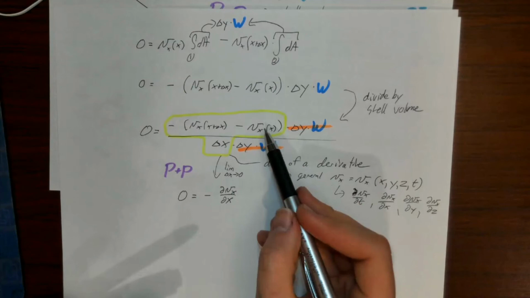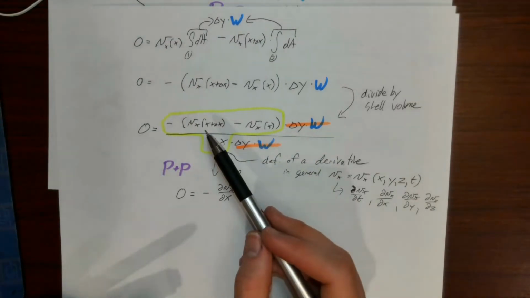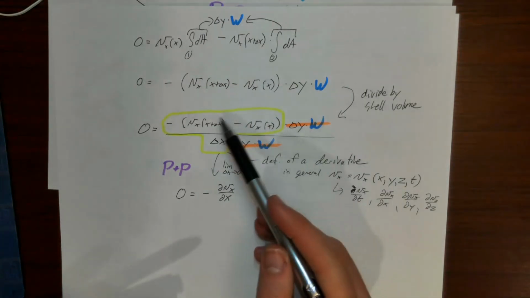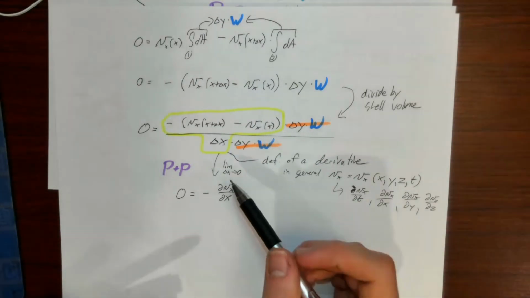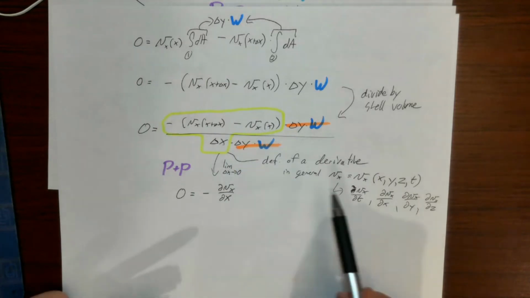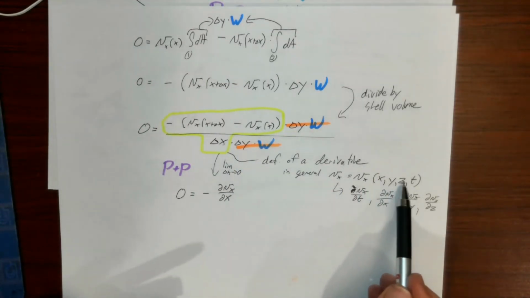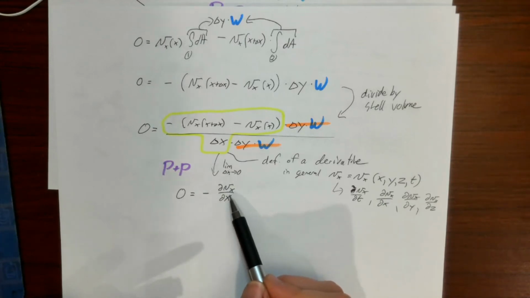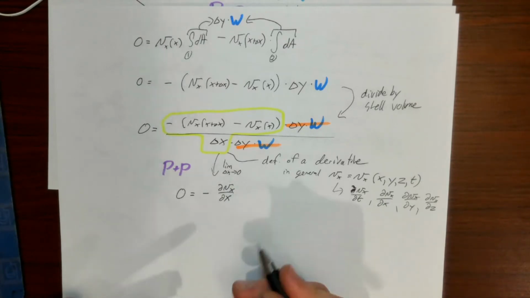In Calc 1, we were talking about functions of only one variable, where this would have given us the normal dVx/dx. But because Vx could hypothetically be a function of all these things, it produces a partial derivative.